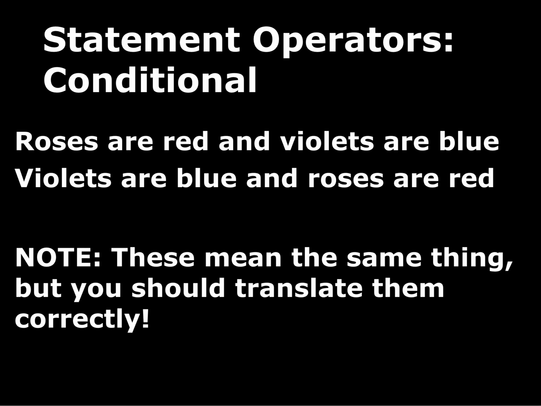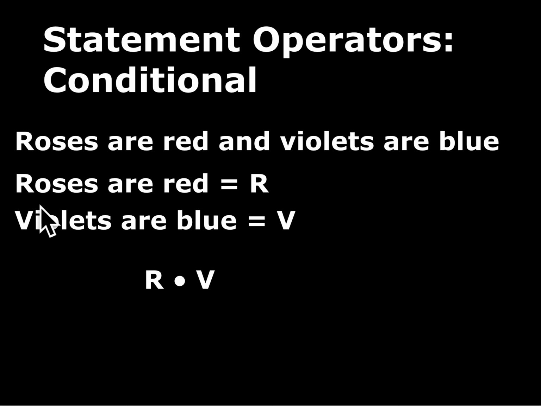Now, a quick footnote here. Even though those mean the same thing, you should translate them correctly. So for instance, roses are red and violets are blue. If I assign R to roses are red and V to violets are blue, I would translate this as R dot V. Now, when I said that they're reversible, what that means is that this actually means the same thing as V dot R, right?